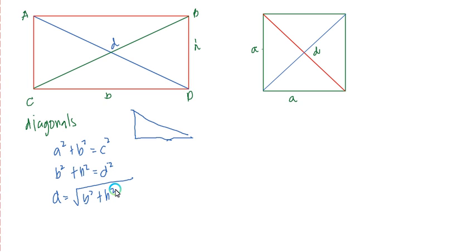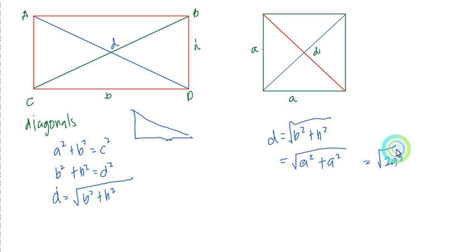Okay, so on the other hand, if we look for the diagonal of a square, the determination of the diagonal of the square is similar to the technique we use in the rectangle. Given that we look for the diagonal, d is equal to the square root of b squared plus h squared. However, our sides, base b and h, are equal to a since they are the same. That is the square root of a squared plus a squared, which is equal to the square root of 2a squared.